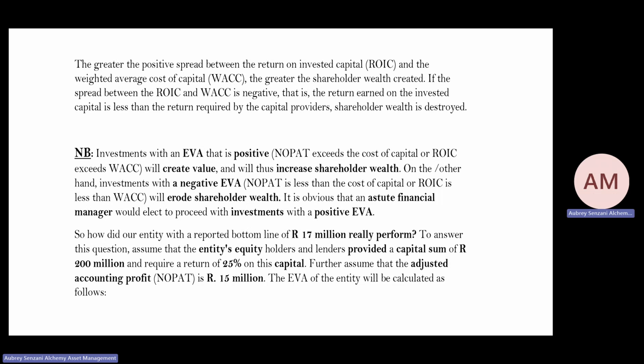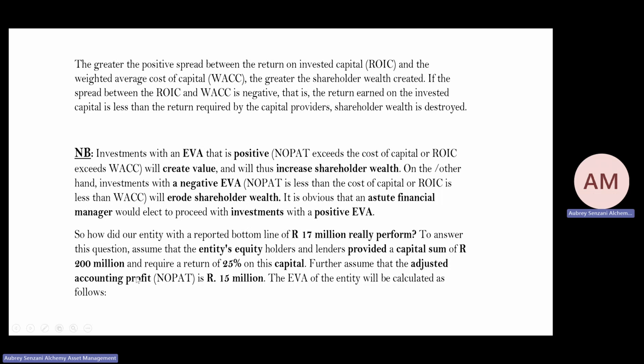That is what we are basically assessing with EVA. Okay, so here, to answer the question, assume that the entity's equity holders and lenders provided a capital sum of 200 million and required a 25% return on the capital. In other words, 25% of 100 million is 25 million; 200 million would then be 50 million.